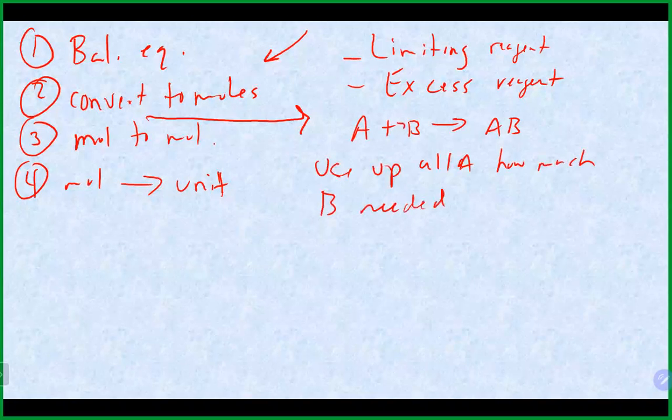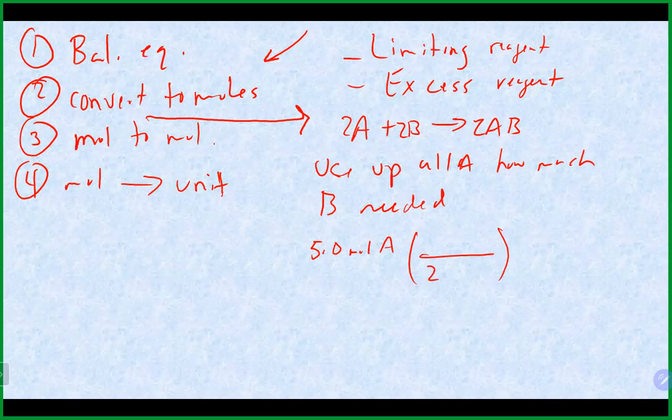And for example, we'll just put some coefficients here. If we had something like that, we would start with the starting amount of A, say, just make up 5. We would do our mole to mole relationship here, 2 moles of A and 2 moles of B. That gives that away, and that says that I need 5 moles of B.